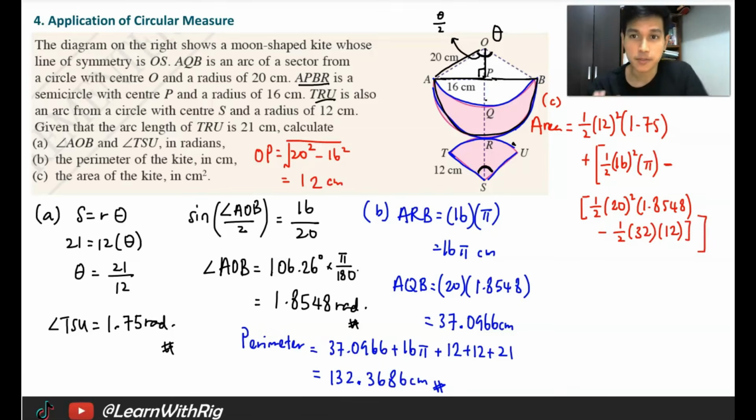Okay, I know it can be a bit confusing, and I'm sorry I'm writing it this way because it's so hard to see. But as long as you understand what I'm trying to do, okay? So in the end, this part here you should get, this is the area of TRUS, correct? This sector here.